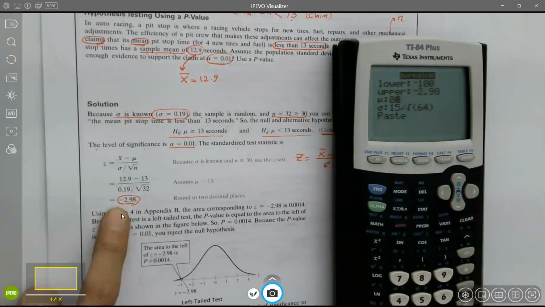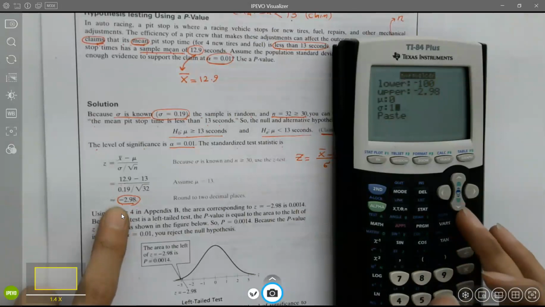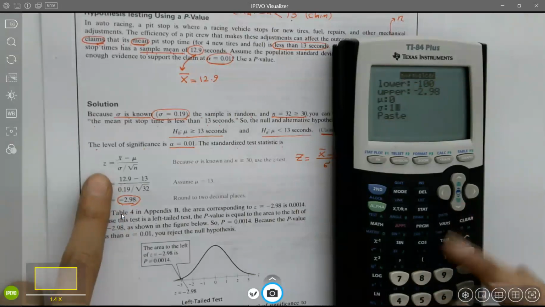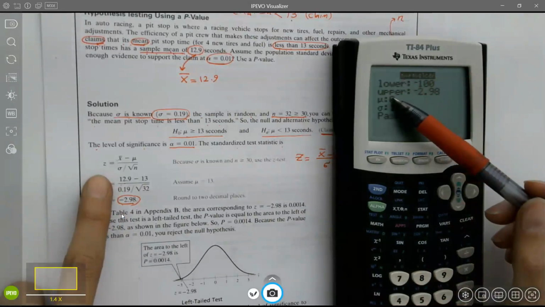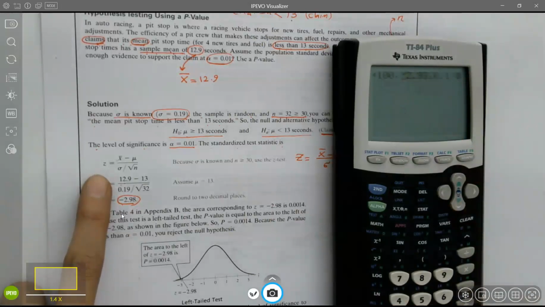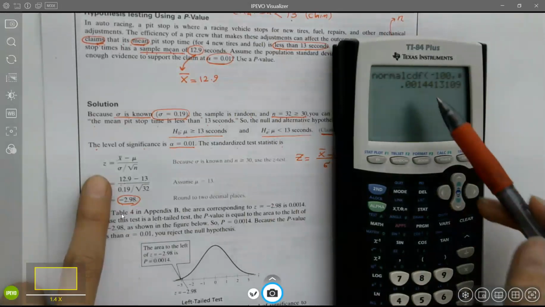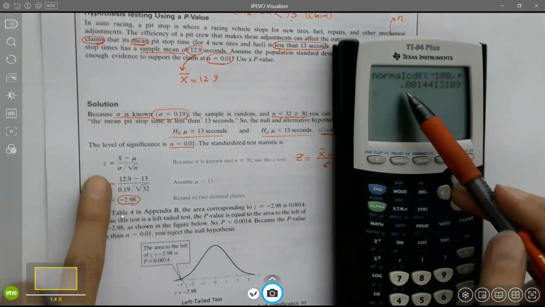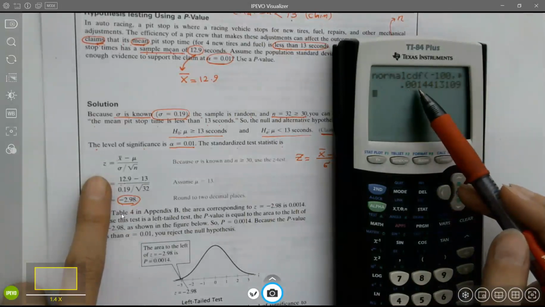Mu is 0. Standard deviation is 1. Since you're using our z table, this is a z. That's why your mean is 0 and standard deviation is 1. Let us paste, do the calculation. And as you can see, we get the area to the left side as 0.0014.